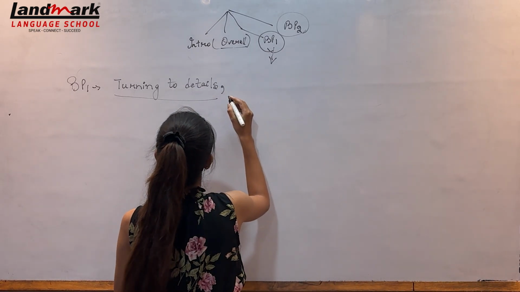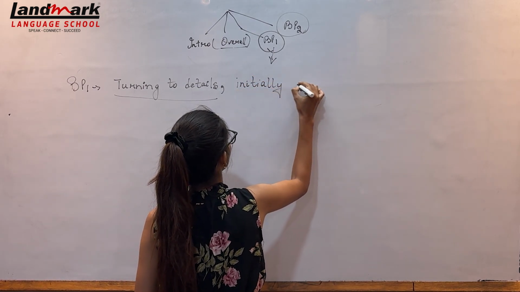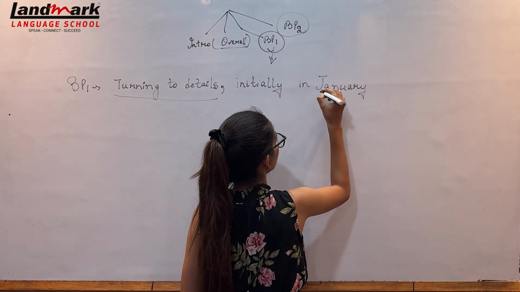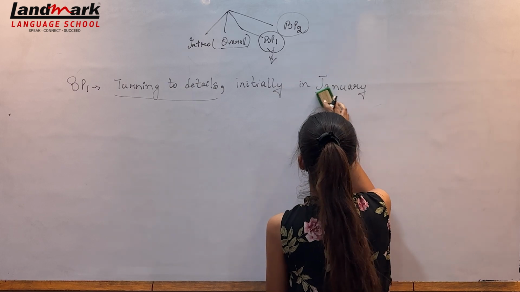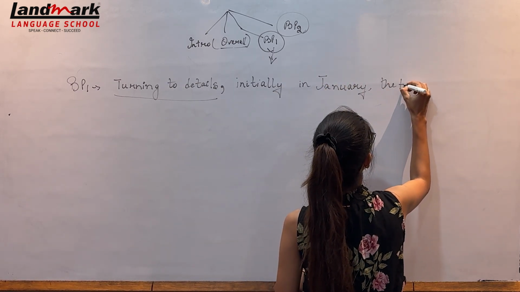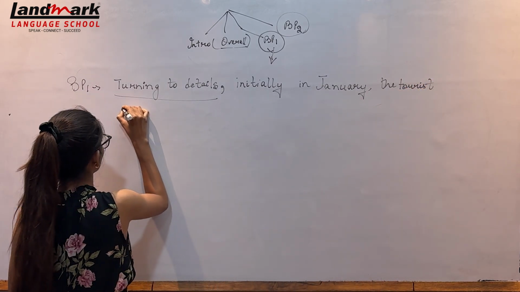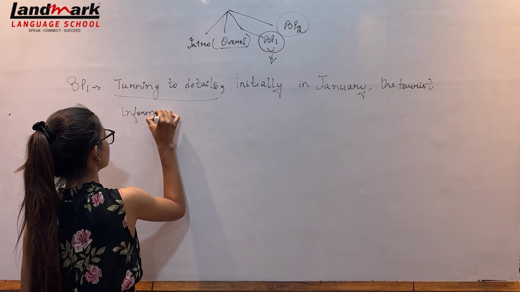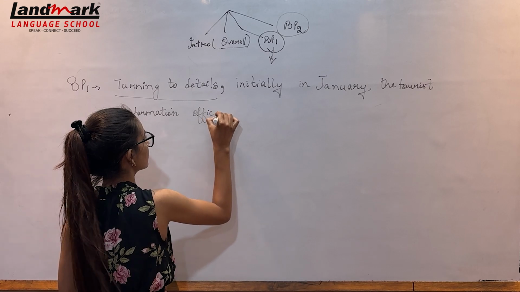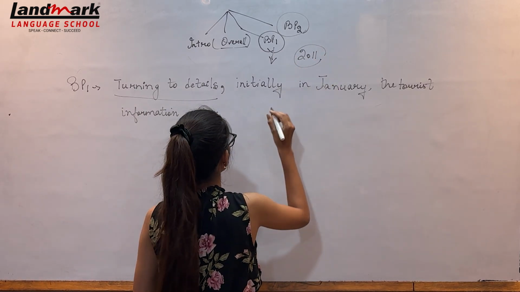So firstly, we will write "initially in January." J will be capitalized because it's a proper noun. So initially in January, the tourist information center or office, as the data is of 2011, so we will use past tense.